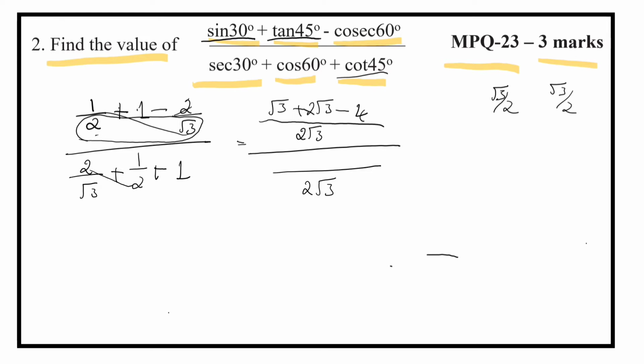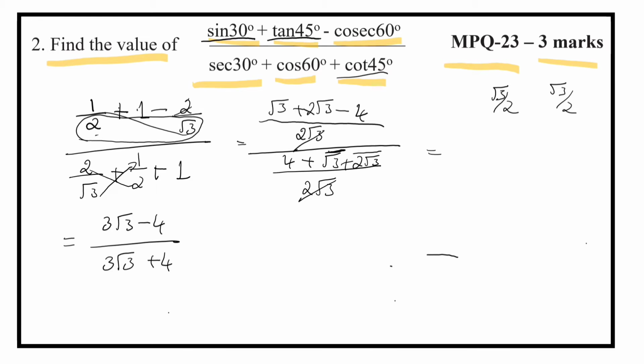Denominator: 4 plus root 3 plus 2 root 3. Here you can cancel 2 root 3, 2 root 3. So you will get root 3 plus 2 root 3, how much? 3 root 3 minus 4 upon, here also root 3 plus 2 root 3, it is 3 root 3 plus 4.